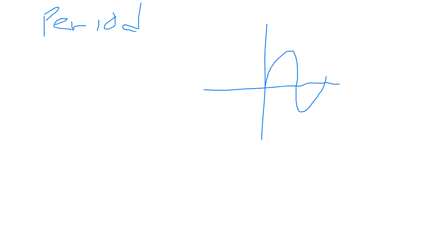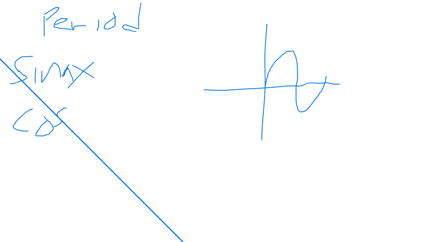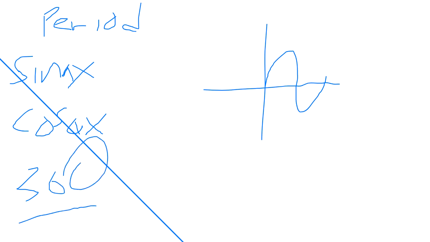Now, for sine ax and cos ax, the period is always 360 over the number in front of the x or the theta, which is a, so 360 over a.